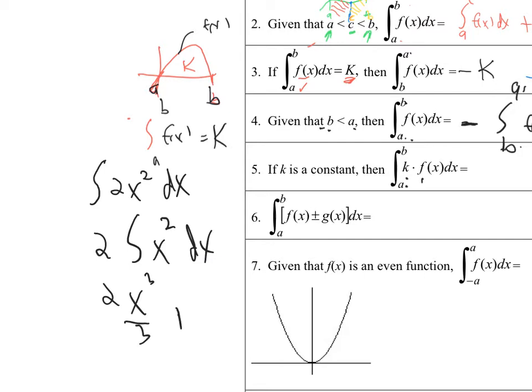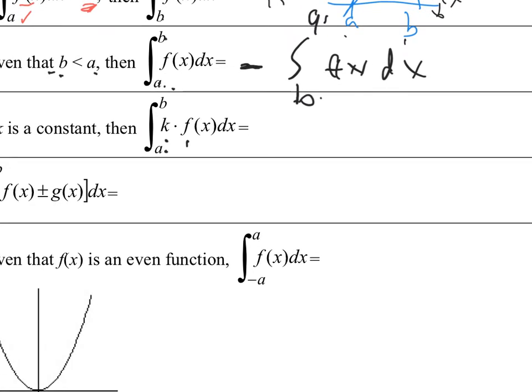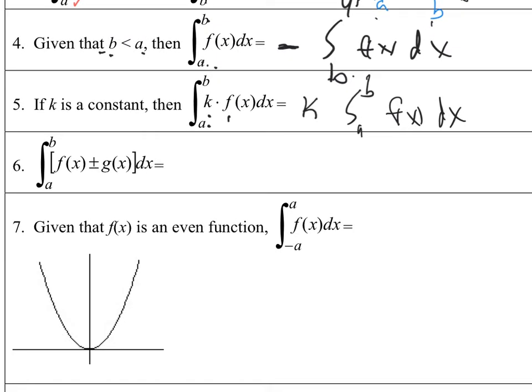I didn't put limits, so it's still plus c. This one has limits. So I factor out k, and I integrate from a to b of f of x dx. That's all it is. If you don't want to mess with the constant, pull it out.